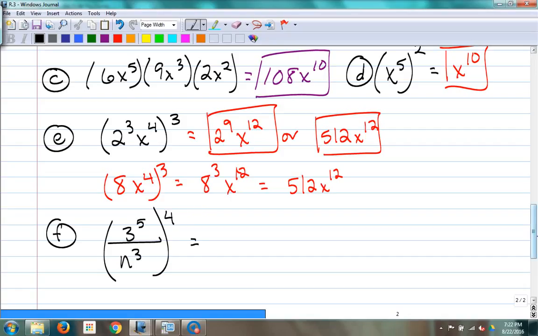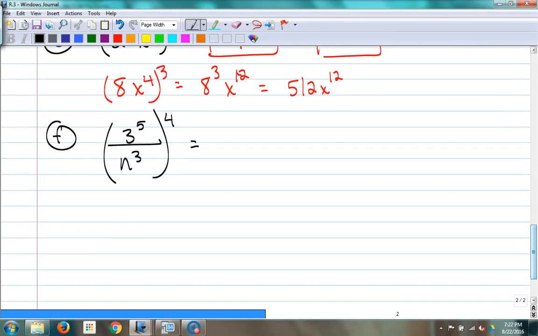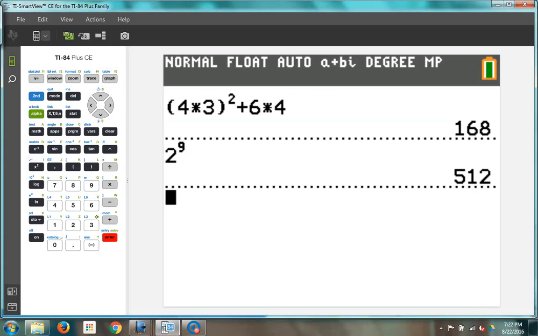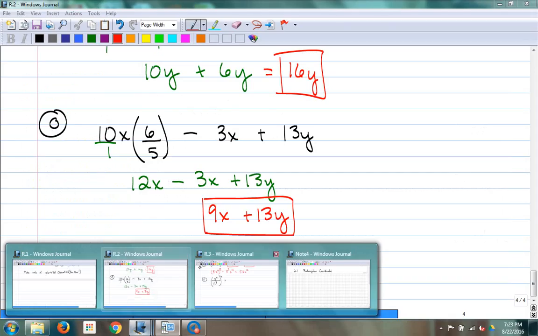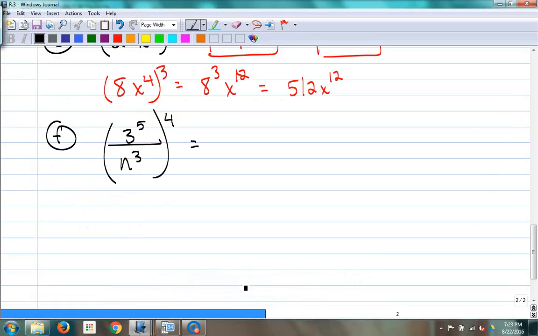I could see order of operations saying do 3 to the 5th power first and get that number. It's going to be 243. It's not a huge number, but it's bigger than 3, right? But we'd have to take 243 and put it to the 4th power.